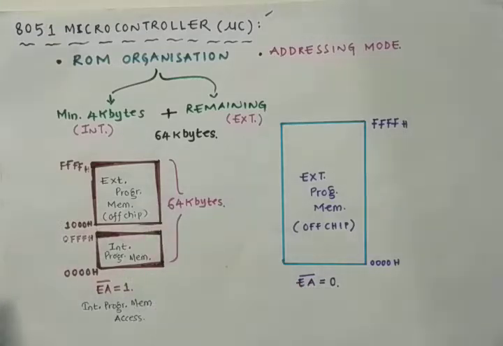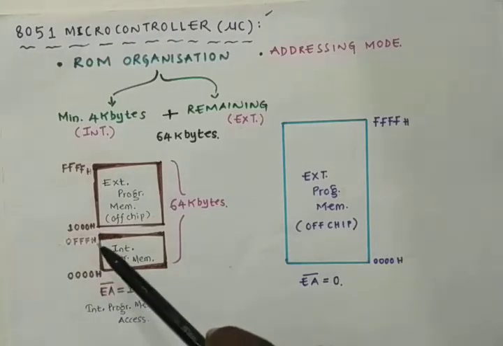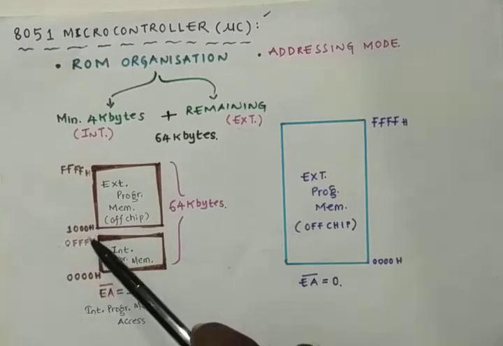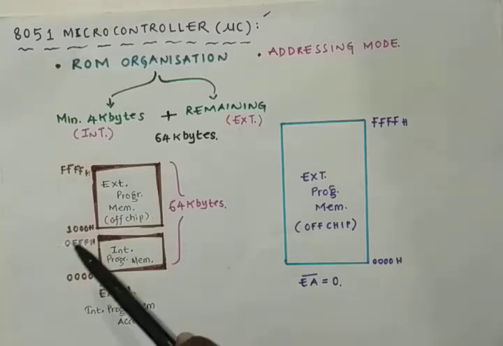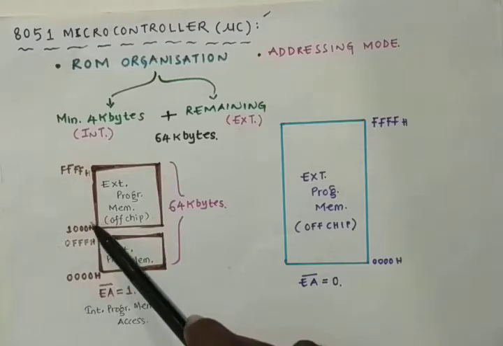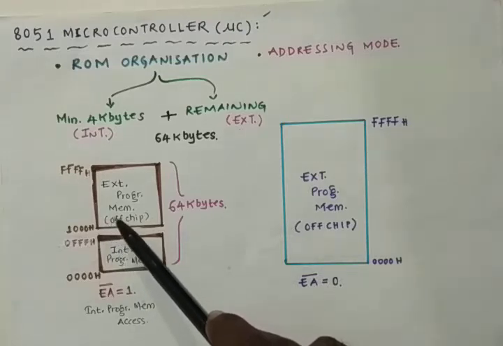So whenever external access, this active low pin, is equal to 1, and there is an attempt to access memory beyond 0FFFH, that means if this flag is set to 1, the program counter is going to read the instruction from the external memory, that is about 60 kilobytes of memory.